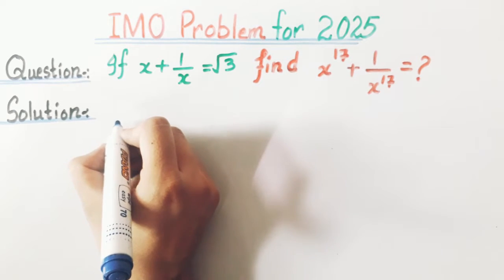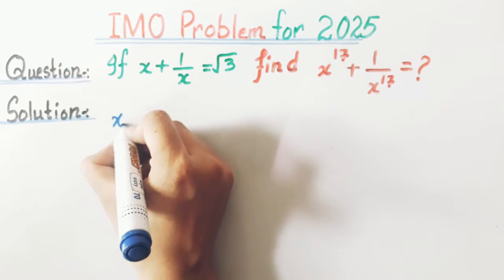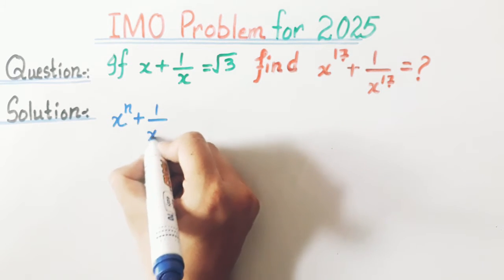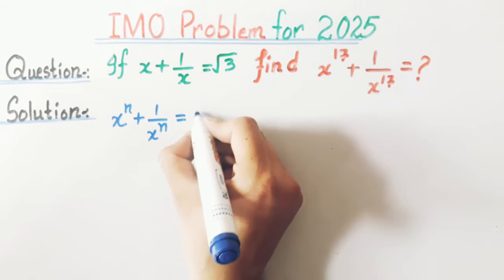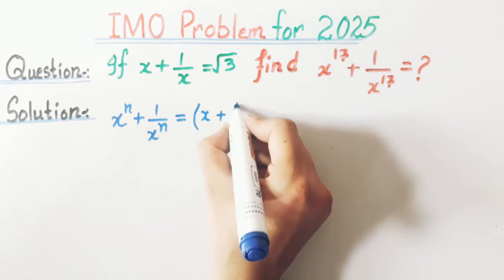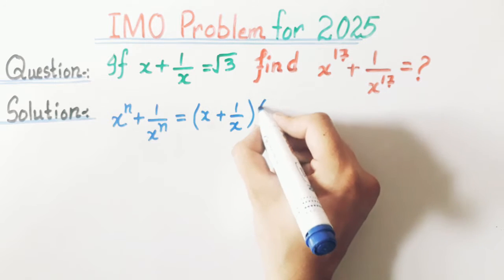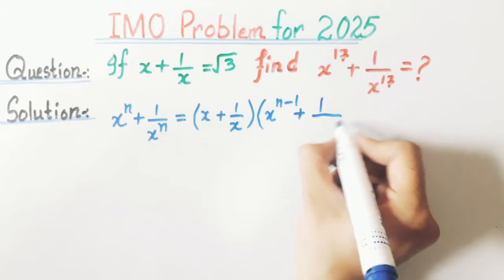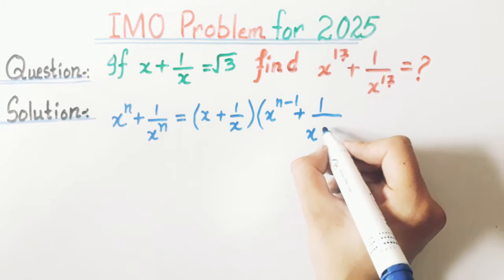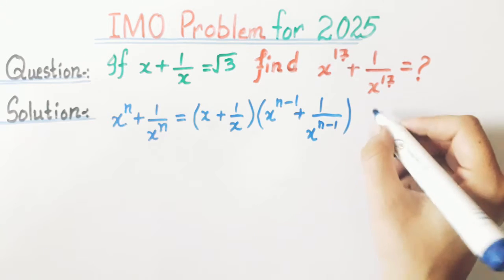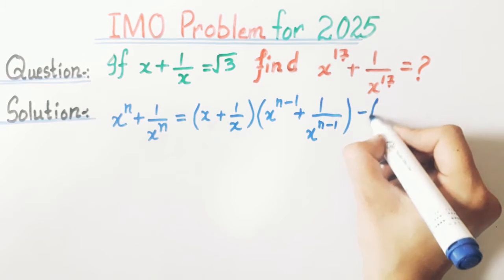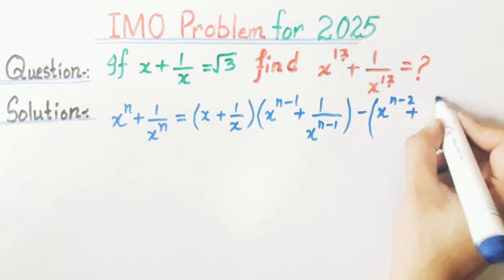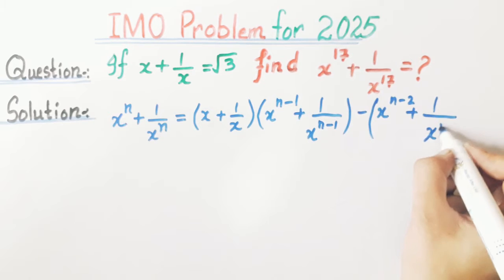To solve this, we will recall the identity, that is x raised to power n plus 1 over x raised to power n is equal to x plus 1 over x into x raised to power n minus 1 plus 1 over x raised to power n minus 1, minus x raised to power n minus 2 plus 1 over x raised to power n minus 2.